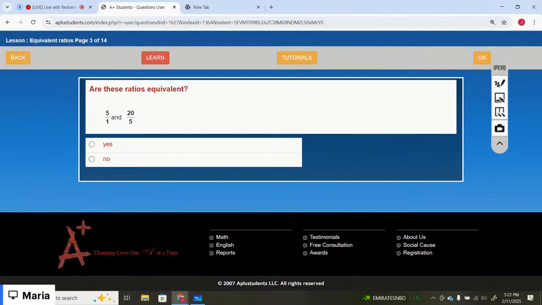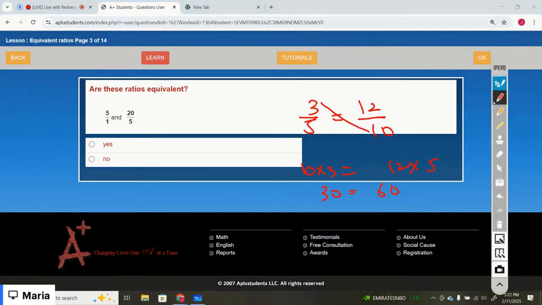Are these ratios equivalent? 5/1 and 20/5, which is the correct option? 5 by 1 equals 20 over 5.